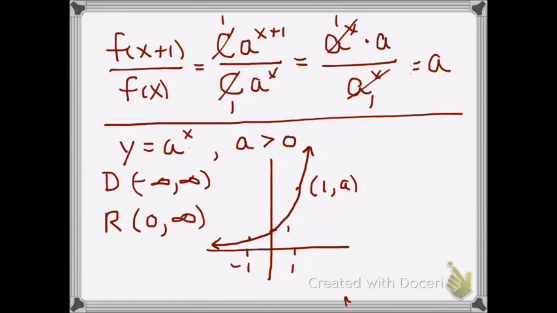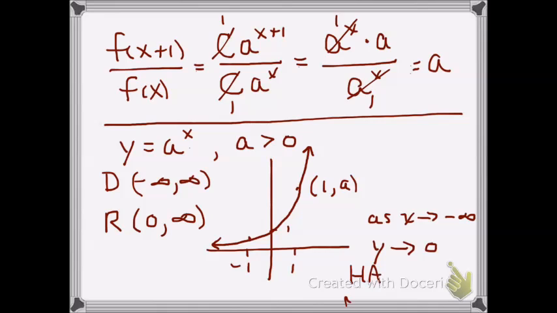Now notice as x is getting smaller and smaller, so as x is going toward negative infinity, it turns out that y is getting closer and closer to 0. And so that defines what we call a horizontal asymptote.